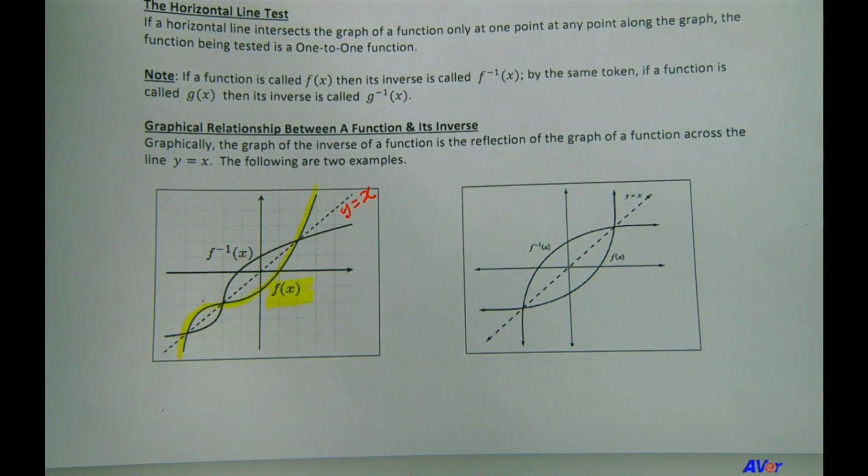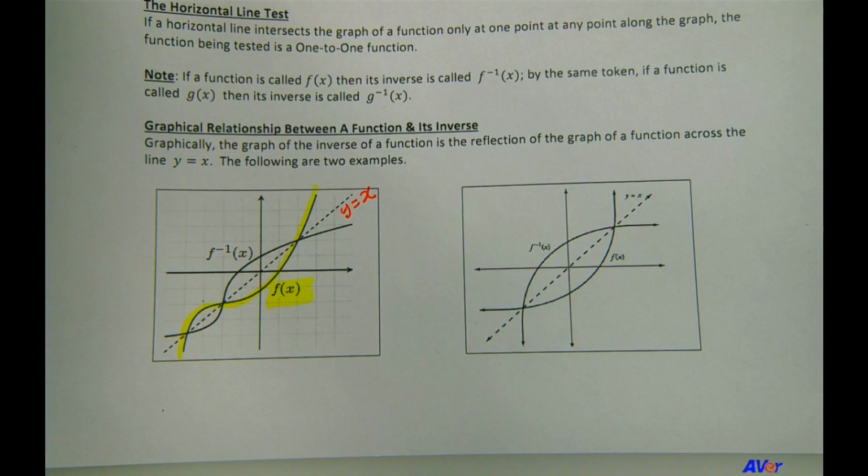The inverse function graph is the mirror image of the graph of the original function across the y equals x line. Okay? So the mirror is located at the y equals x line. That's where the dashed line is. That's where the mirror is.